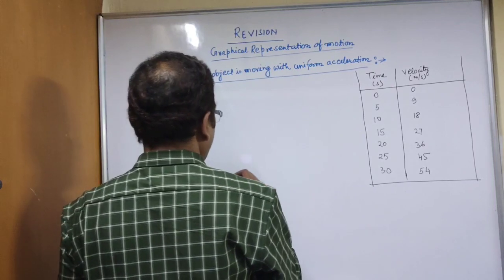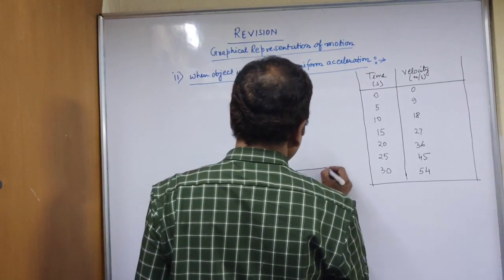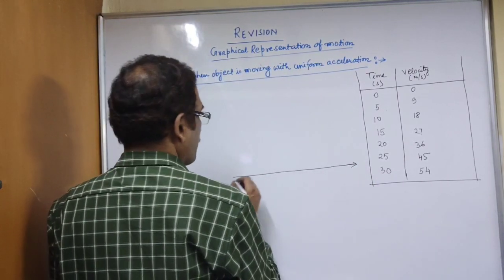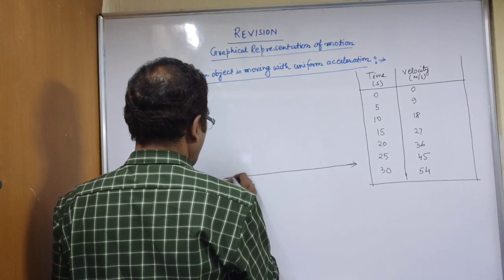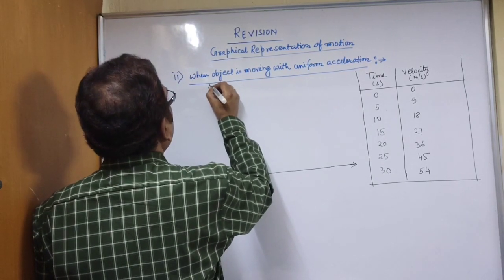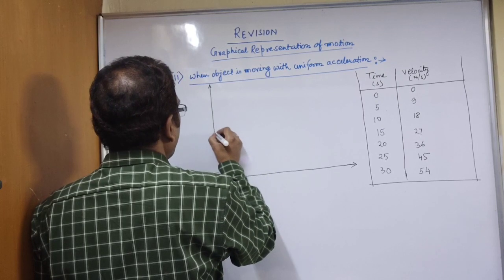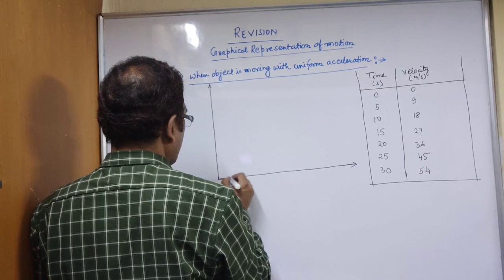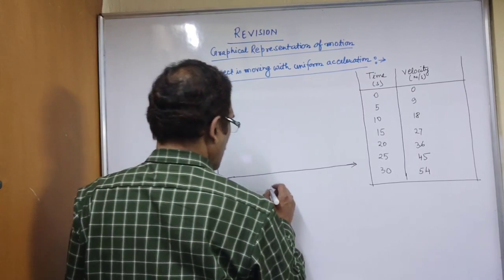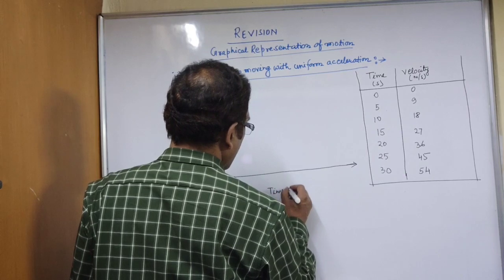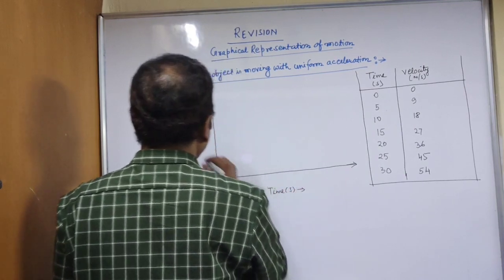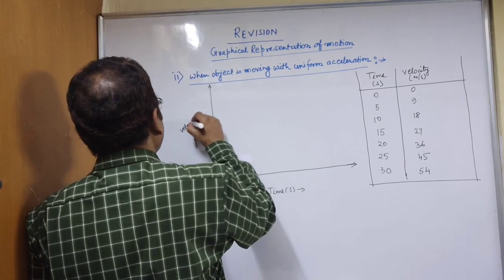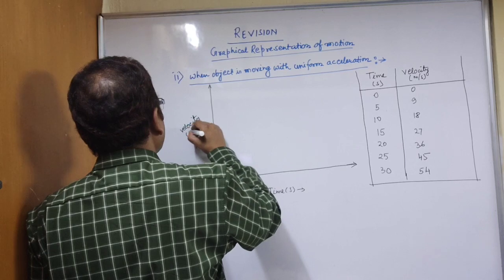So again we will take time on the x-axis, and velocity on the y-axis. So time in second, and velocity in meter per second.